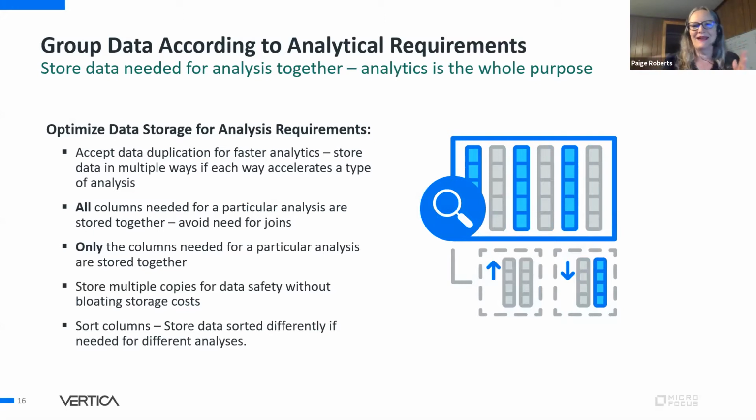Since that's the way I analyze it, why don't I just store it like that? Or if I do sales by region, how about I just store sales numbers and region together, sorted by region? So when I throw that analytics at it, boom, it's easy. Instead of having to go and find that and read a bunch of other stuff, how about I just store that for that analytics, ready to go?